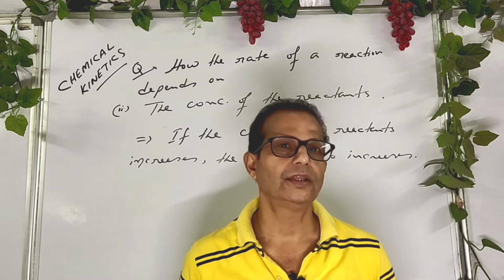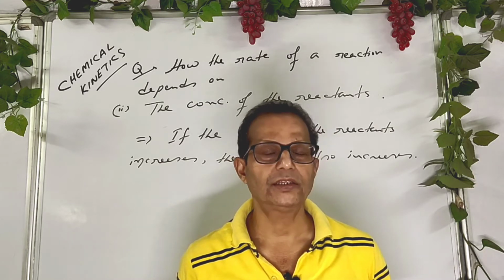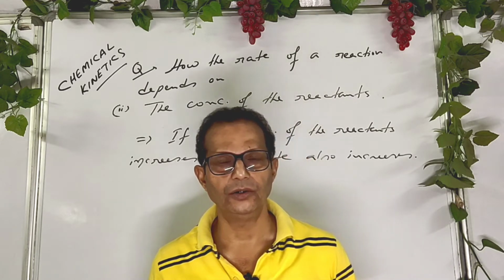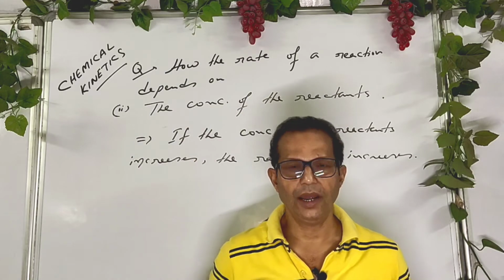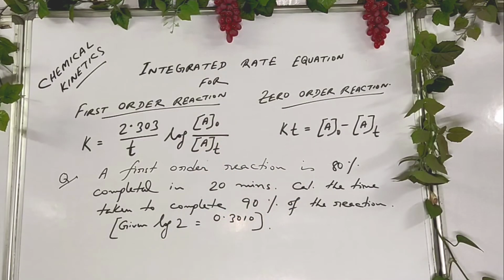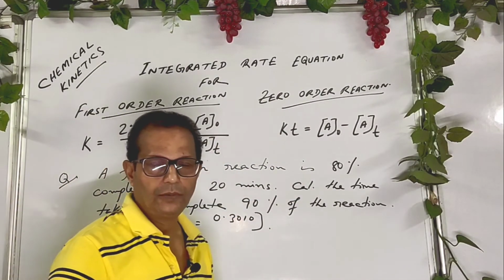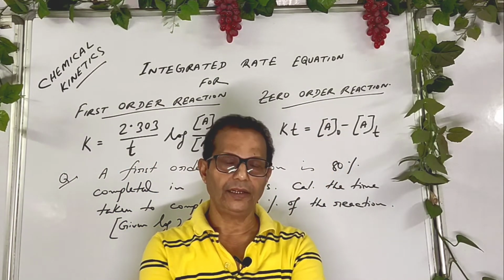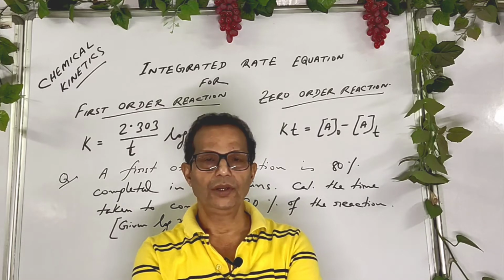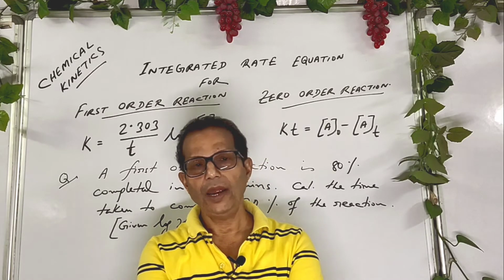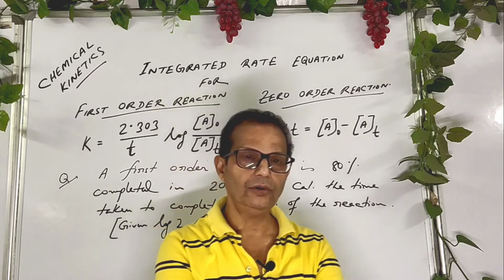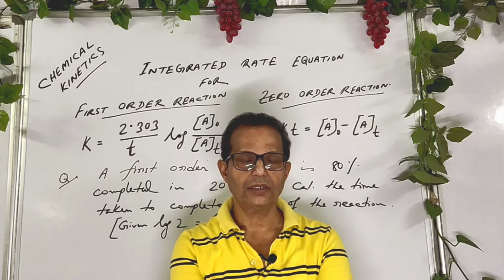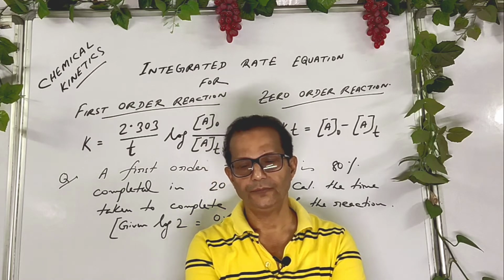So try to understand the formula and numericals of integrated rate equation as well as half-life period for first order and zero order reaction. So the next topic is the integrated rate law equation for first order and for zero order. You know, in your syllabus there are only first and zero order reactions, okay?